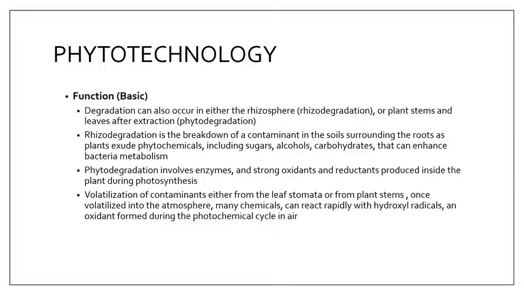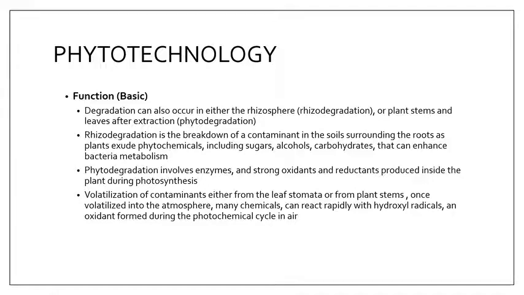Now, in the phytodegradation or degradation in the stems and the leaves, this involves enzymes that are used by the plant to break down your contaminants. All right, so basically enzymes and oxidants and reductants.